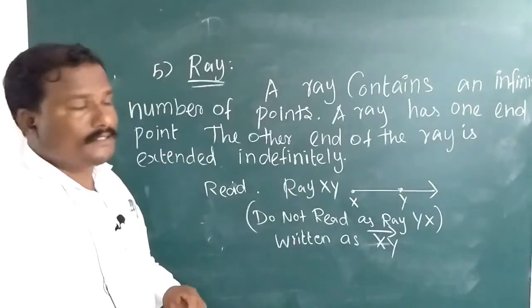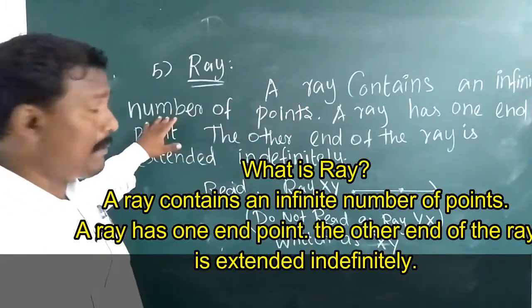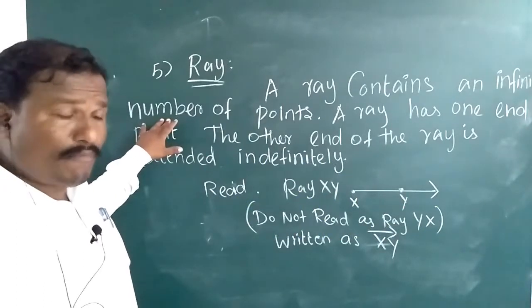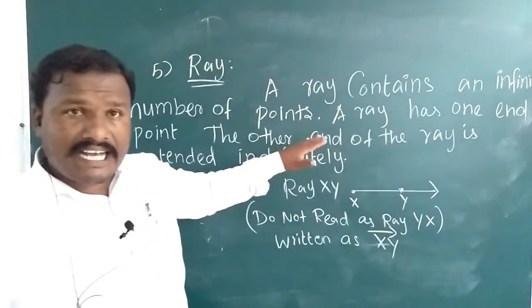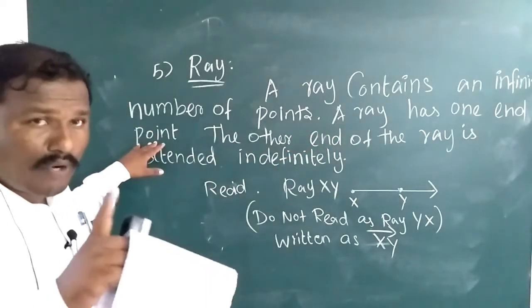Okay, what is a ray? A ray contains an infinite number of points. A ray has only one end point.